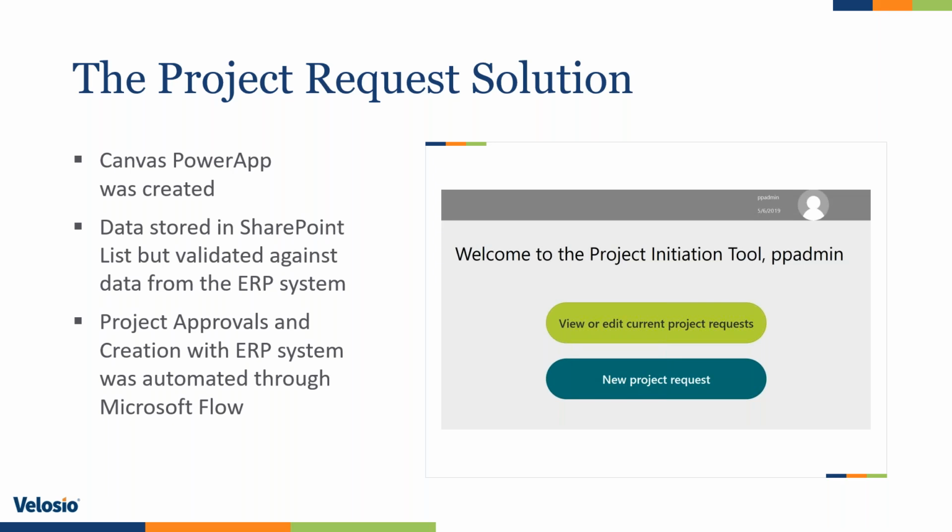So no longer are we having to do manual entry. Flow is creating it for us, and now we just have to have someone come in and review it, make sure it's good to go, and approve that data in the final process in F&O. But it's much quicker than it was before and less prone to error.